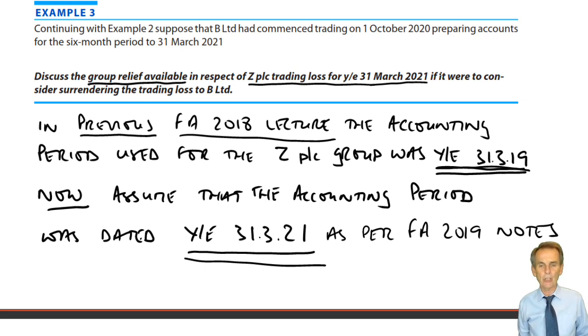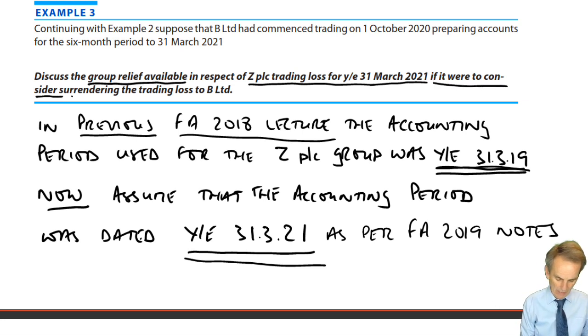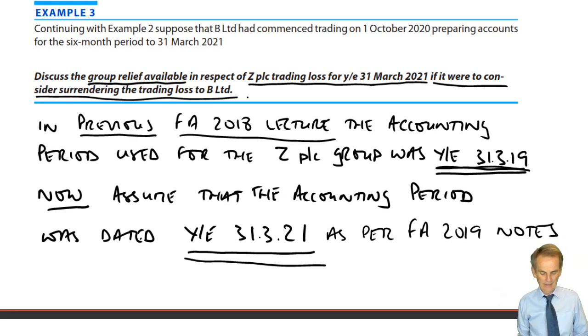But what this is just asking us to look at is what would happen if it were to consider surrendering the trading loss to B Limited. So the group relief available, ZPLC's trading loss for the year ended 31st of March 21, if it were to consider surrendering the trading loss to B Limited.